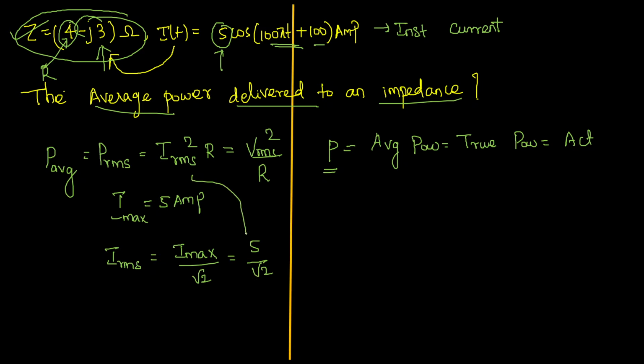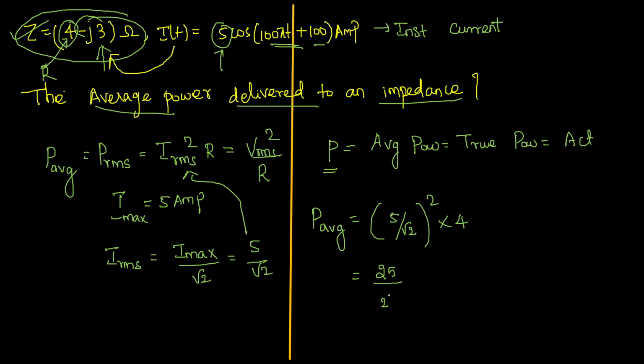Now substitute this value into this expression, such that the average power will be equal to (5 upon square root of 2) whole power 2 into the resistance value, which is 4. So it will be 5 square, which is 25, divided by root 2 whole power 2.